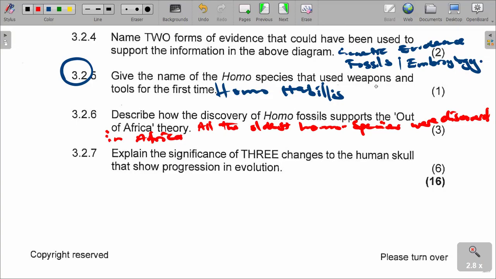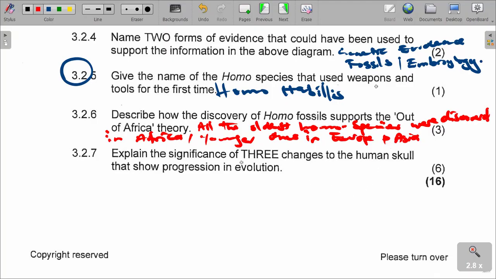And also younger ones appear in Europe and Asia. You understand? The younger ones were found in Europe and Asia, which actually shows that we have got a migratory origin from Africa. That is what we need to understand in this case.